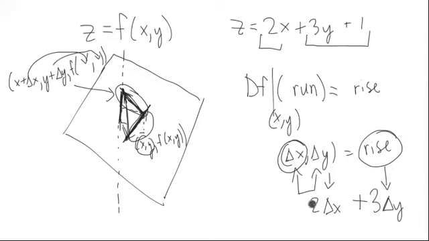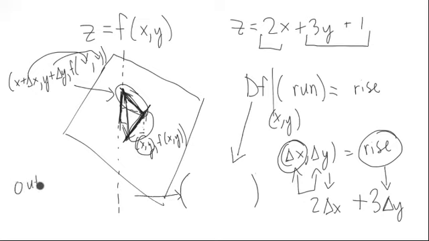Now, how do we notate this? We usually notate df as a matrix as follows. Since we have two inputs, we're going to have 2 columns, one for each input. And since we have one output, we're going to have only one row.